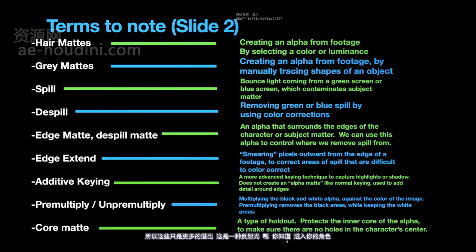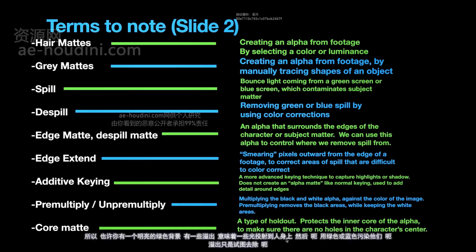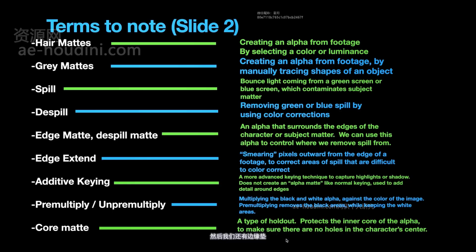Then there's spill, which is kind of bounce light coming onto your character. Maybe you have a bright green background and there's some spill, meaning some of the light is casting onto the person and contaminating them with green or blue. Despill is just trying to remove that. Then we also have edge mats.